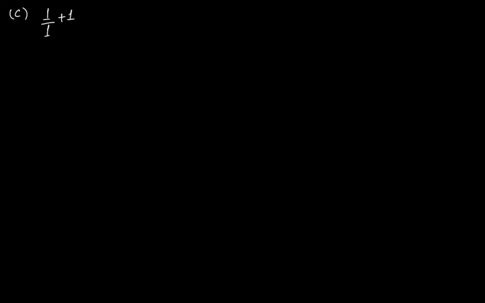In the next one, we have 1 by 1 plus 1. Now, the simple way, if it is 1, you can think of it as 1 by 1 plus 1 by 1. If there is any number, you can always write it as a by 1.